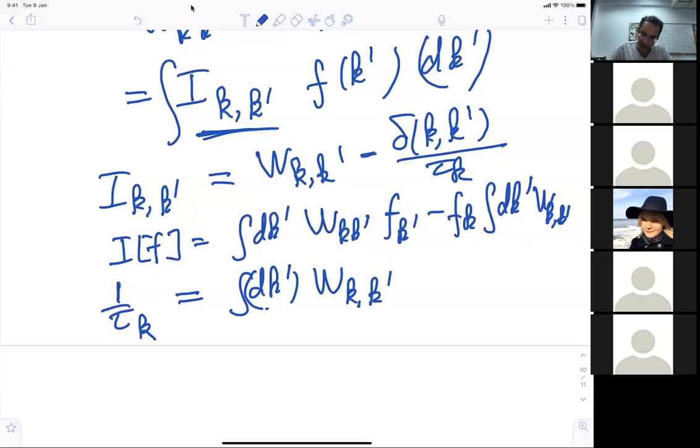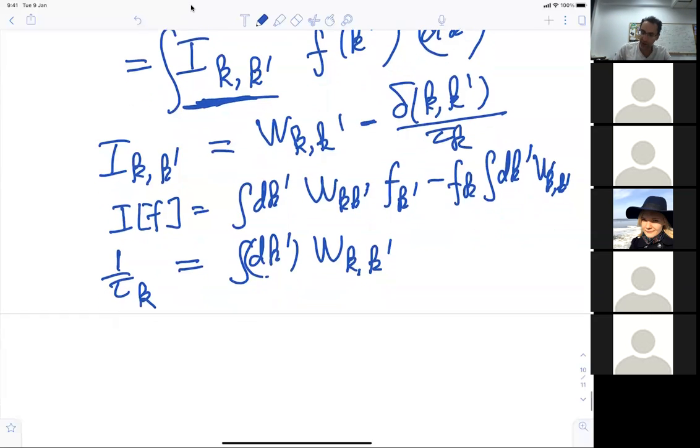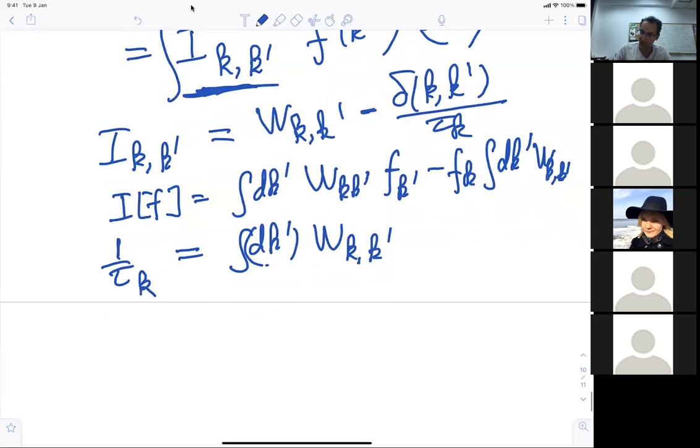So it means there is an integral equation, a linear operator with some matrix that represents this operator, I k k prime. This matrix, of course, has a part which is diagonal in the k, k prime representation, and a part which is in general non-diagonal.